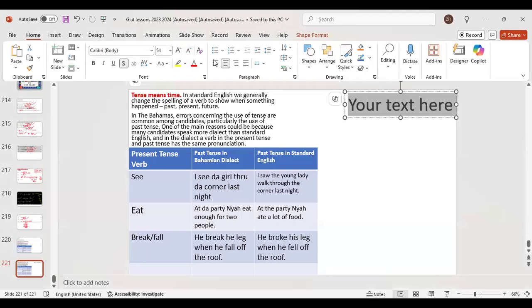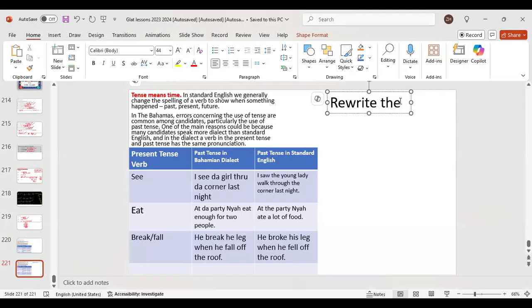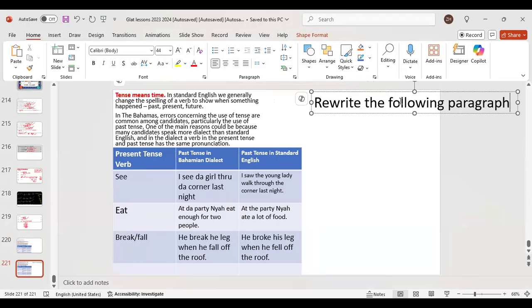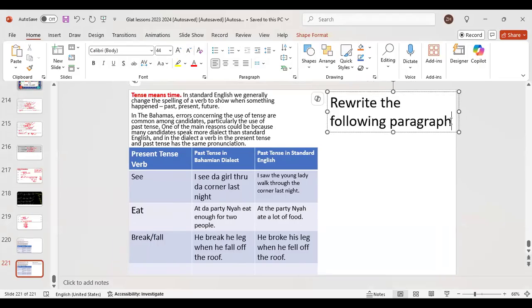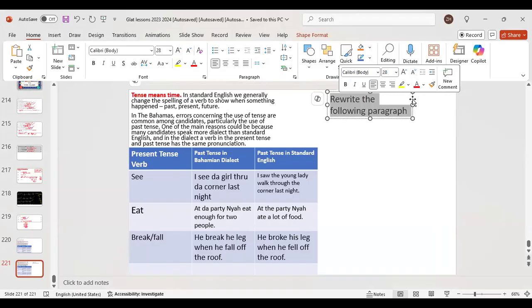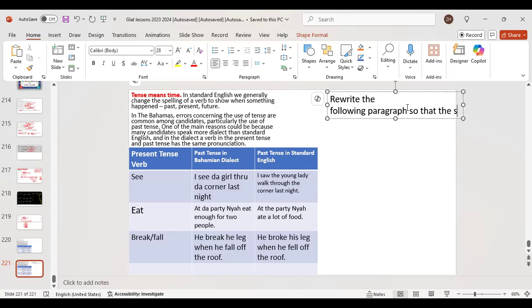So this is going to be: rewrite the following paragraph so that the simple past tense is used. So everywhere we're changing it to the past tense.